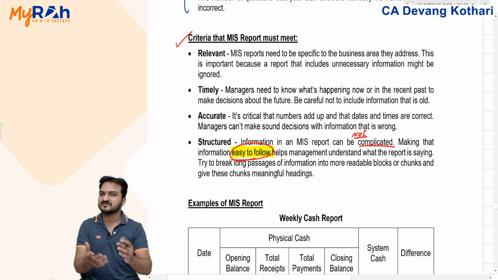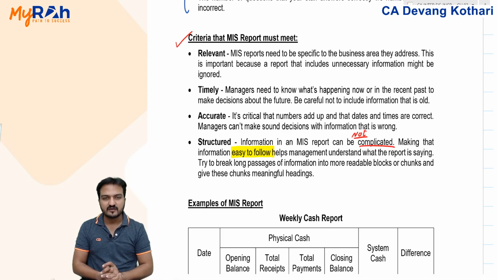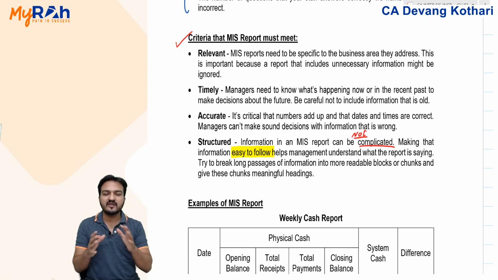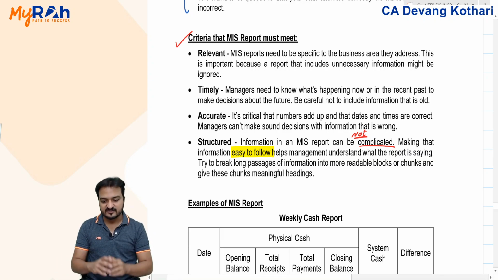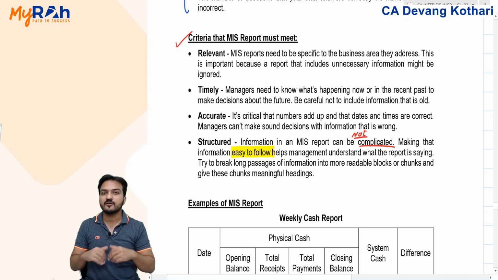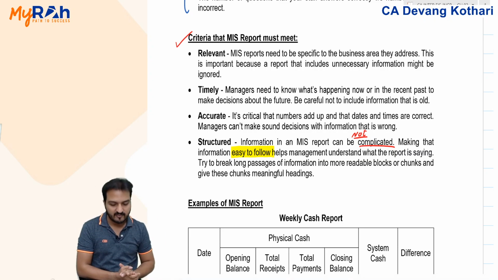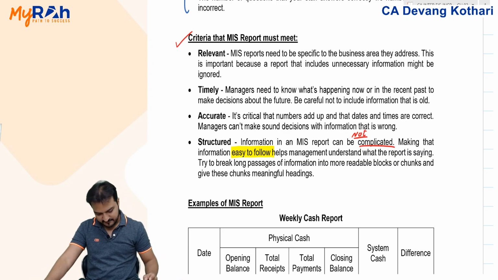Those kinds of reports are the MIS reports. Basically, MIS are software which contain a predefined report format, such that whenever you want a report, you can directly generate it in that predefined format. That is your MIS.